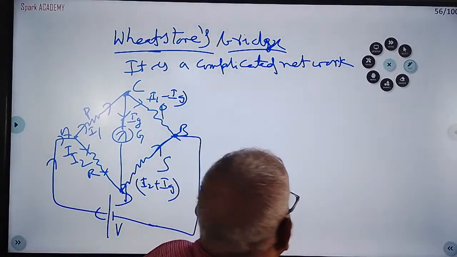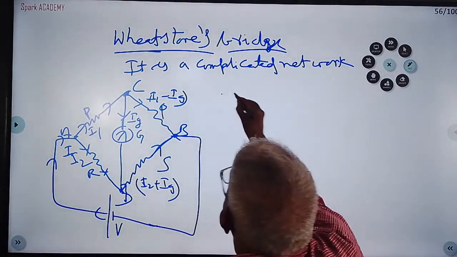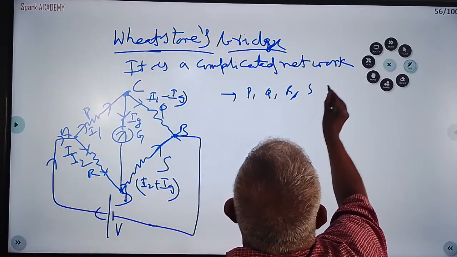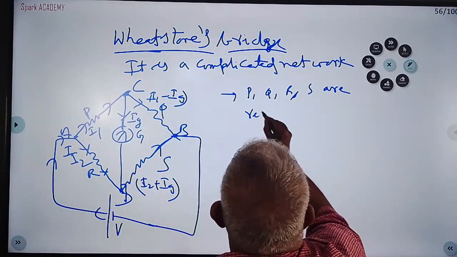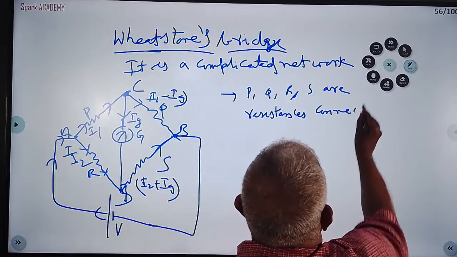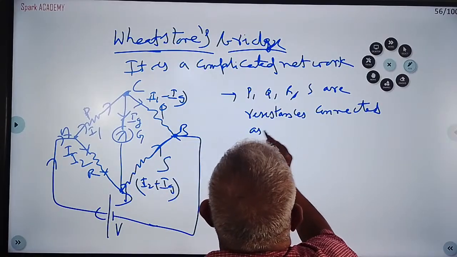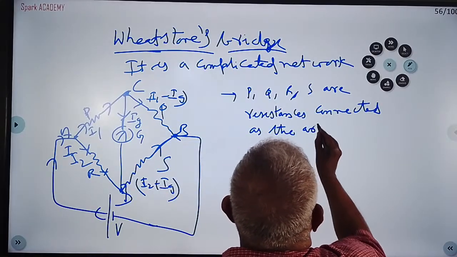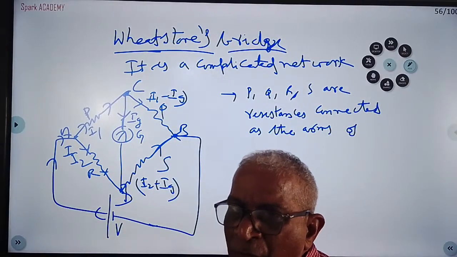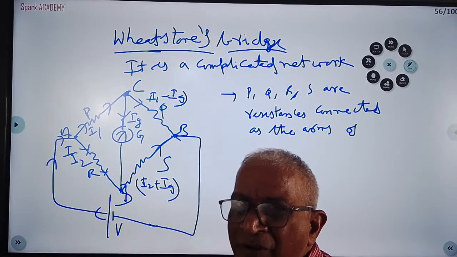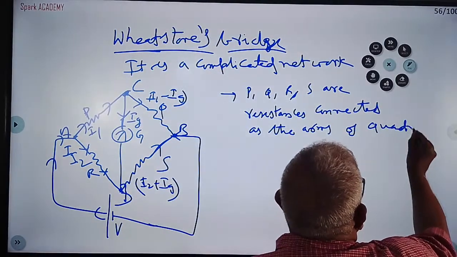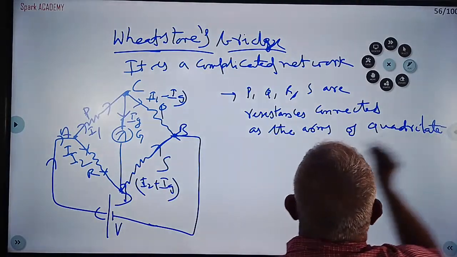You describe the circuit. This is very important. P, Q, R, S are resistances connected as the arms of a quadrilateral.